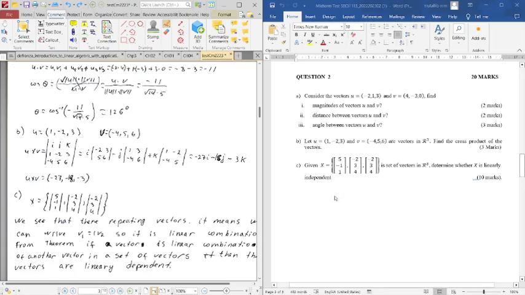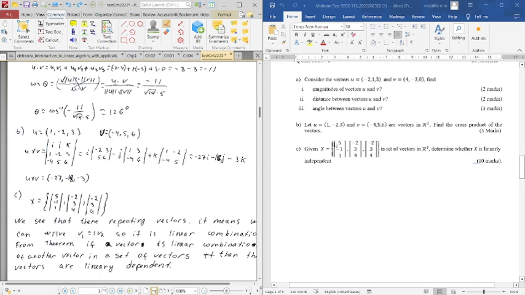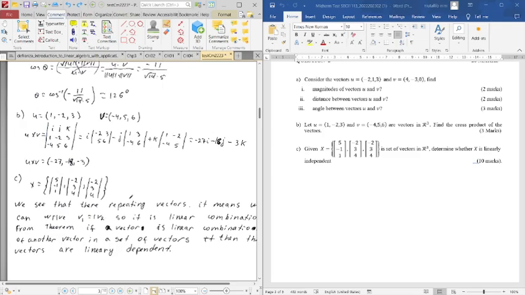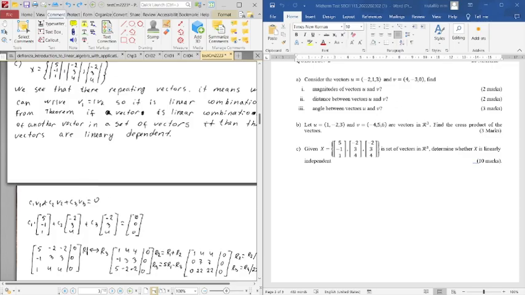And for question C, we are given a set of vectors in R3, and we need to determine whether it's linearly independent or not. To check if the given vectors are linearly independent, we multiply the given vectors by arbitrary scalars and add them, and set it equal to 0.